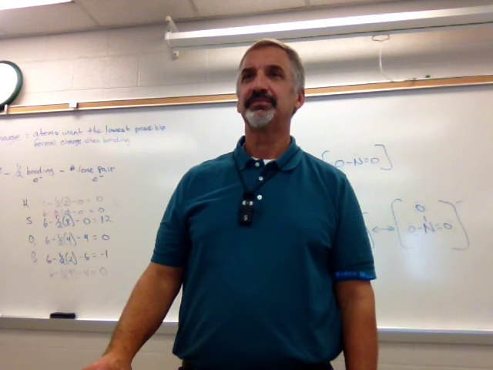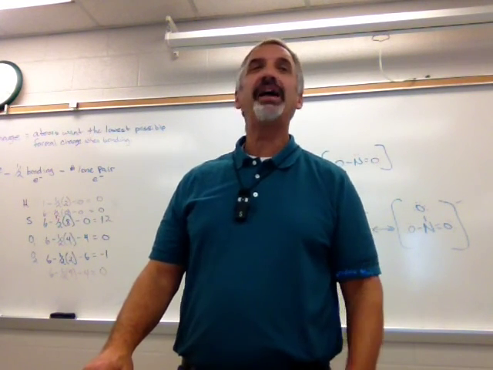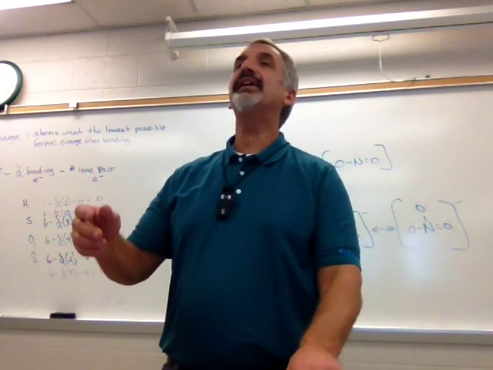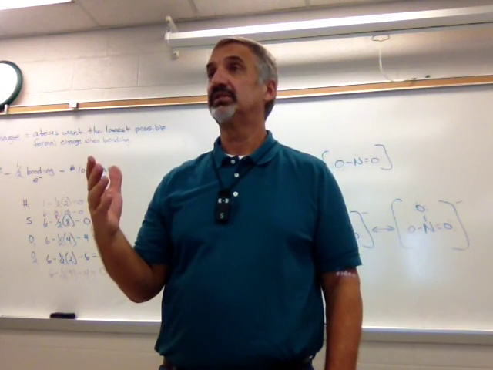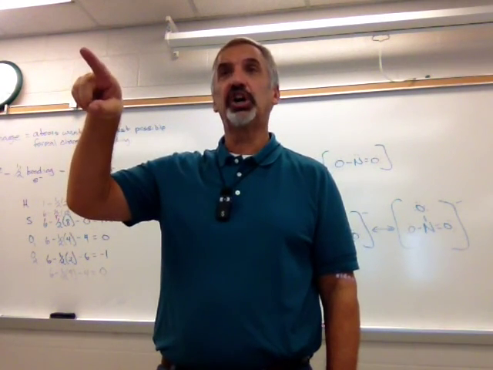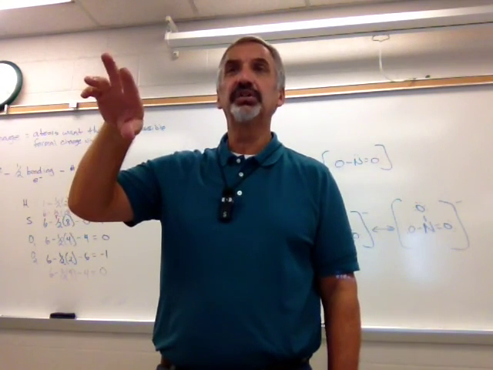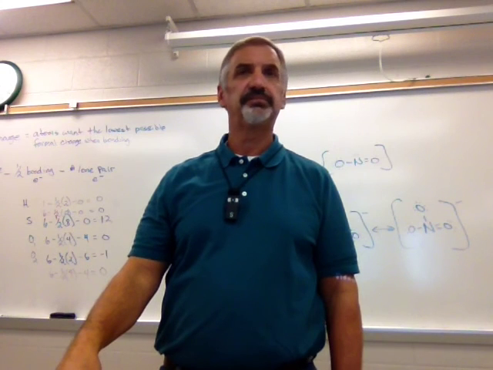Y'all, it's not going to take that long. Listen, you already have the Lewis dot structure. So you just have to recopy that, calculate your formal charge, and then if you need to, redraw it, minimizing formal charge.